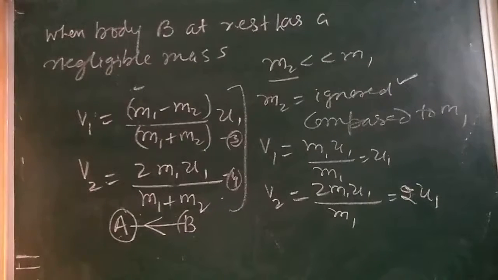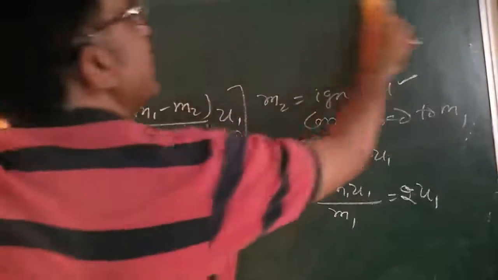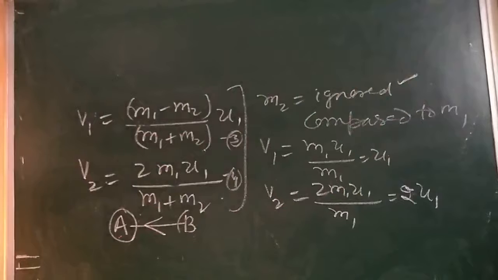What result are we getting here? So my dear children, in this particular case, when the body B has a negligible mass, what is the result?